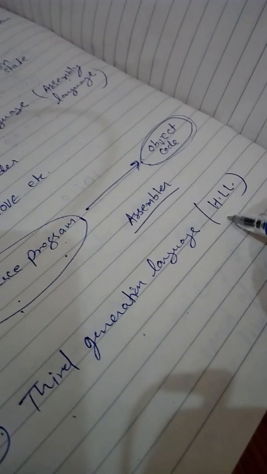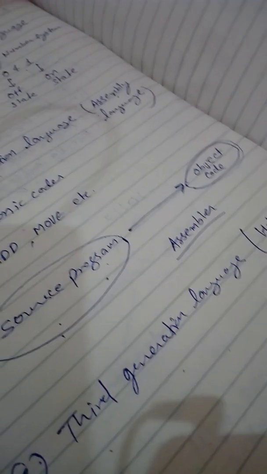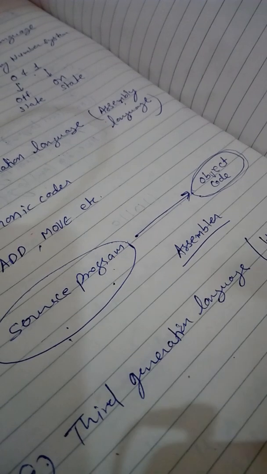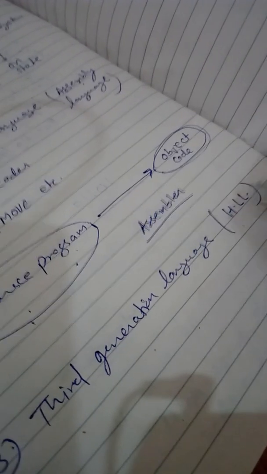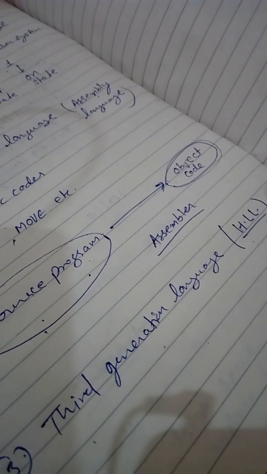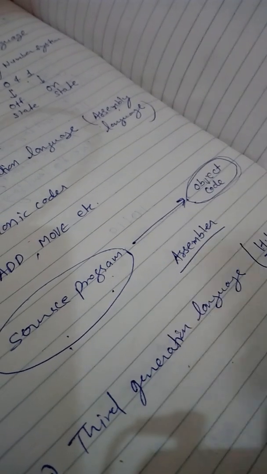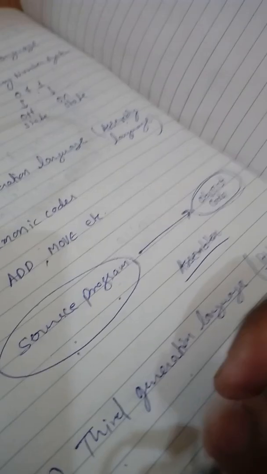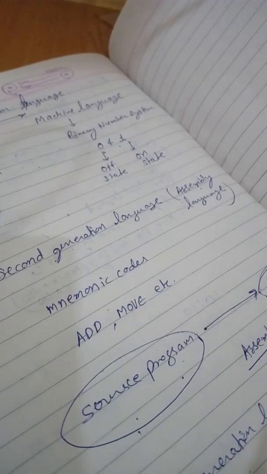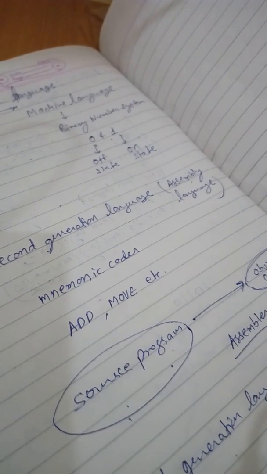Okay, but now we are talking about high level language, and after that we are talking about fourth generation language, that is in the category of high level language. Okay, now third generation language.